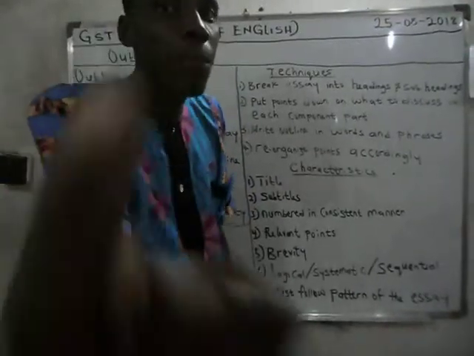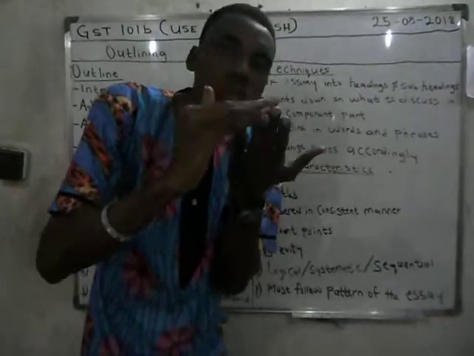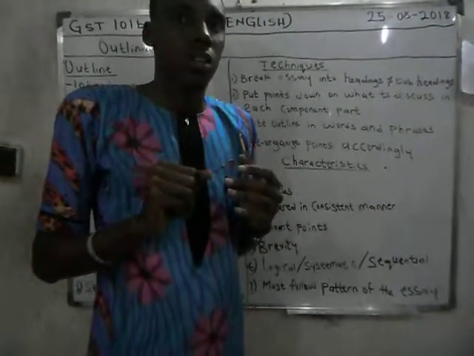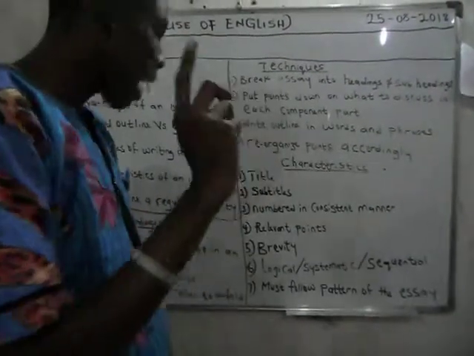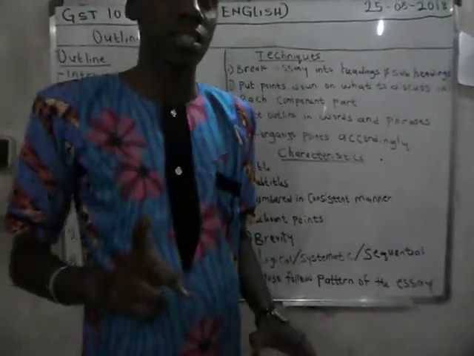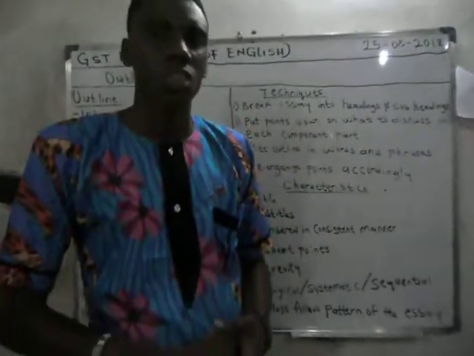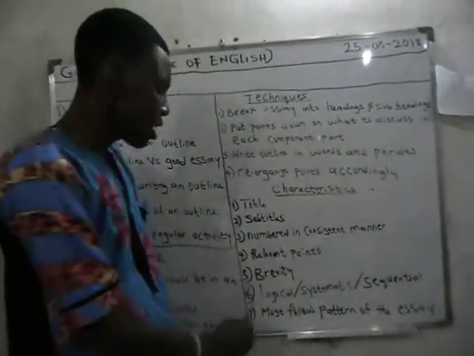That means the essay is the product of the outline. An outline must be so brief. And remember earlier we said that an outline is written in words and phrases, not in full sentences. Because by the time you start writing in full sentences, you have an essay. Hope you are following.